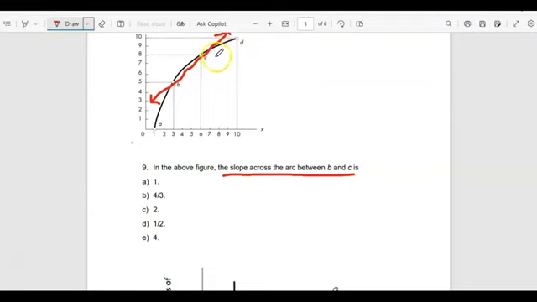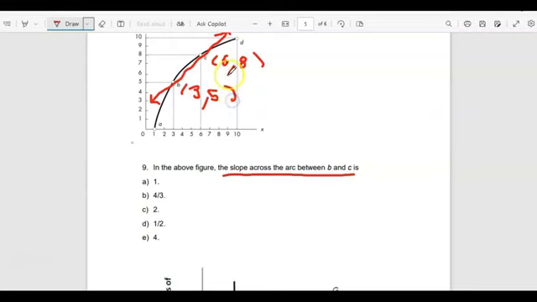Now C over here, the coordinates are 6 and 8. We look at the x-axis first, then the y-axis. 6 and 8. B over here, we look at it, it's 3. So x is 3 and y is 5. Alright, perfect.